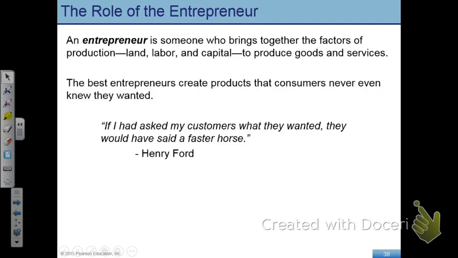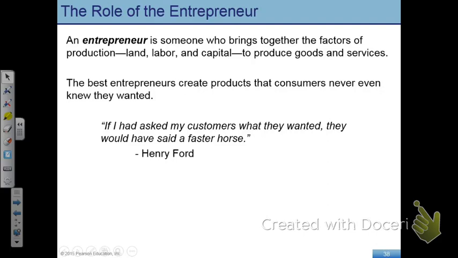You can think that a car is obviously a major innovation that Henry Ford brought, but think about toilet paper. About 30 years ago, there was not a single brand of toilet paper. Someday somebody came up with the idea that people would be willing to buy toilet paper, and now it's a $1 trillion industry.